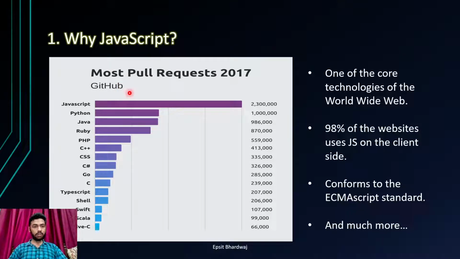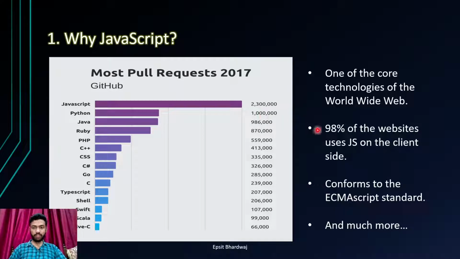So on GitHub, most pull requests came for JavaScript, which is more than twice in number to what comes at second, that is Python, which is in itself a big thing since Python is a high level language and it comes with a large amount of libraries and functionalities. And still JavaScript beats it drastically, as you can see there.